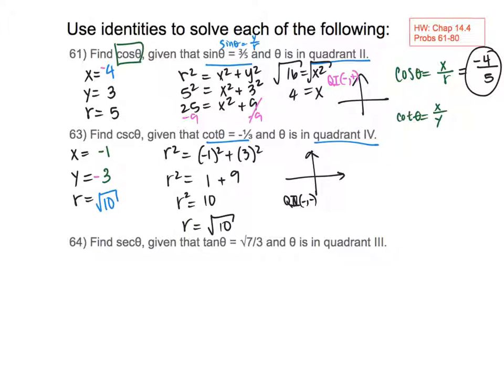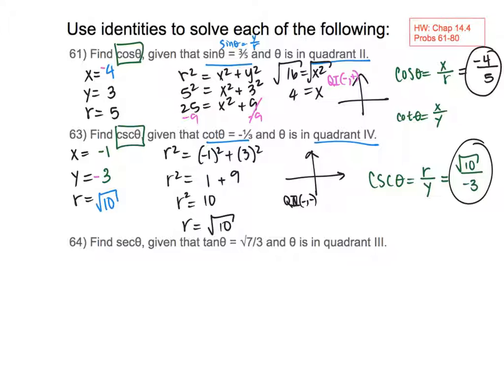And so now I have to take a look at what I'm trying to solve. I'm trying to find cosecant. So cosecant is the reciprocal of sine. So that's going to be r over y, which is going to be r, the square root of 10, over y, which is negative 3.